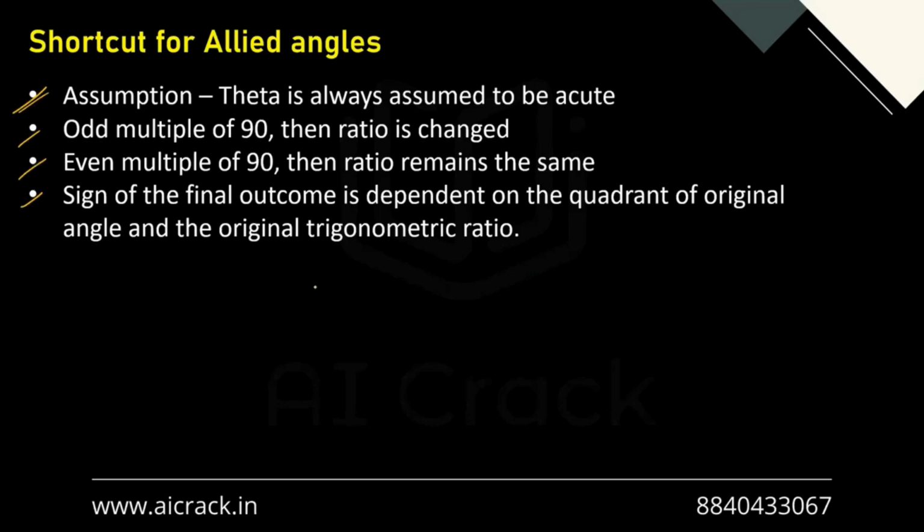Now, once we have understood this assumption part, let's look at these 3 other points. For that, let's take an example of sine of 180 minus theta once again. Now we have to look at this particular angle first. If this is an even multiple of 90, in that case our trigonometric ratio is not going to change. If it's cos over here, it's going to be cos. If it's sine over here, we are going to have sine over here, right? Now considering the sign part, whether it's going to be positive or negative, we have to look at the quadrant of this one.